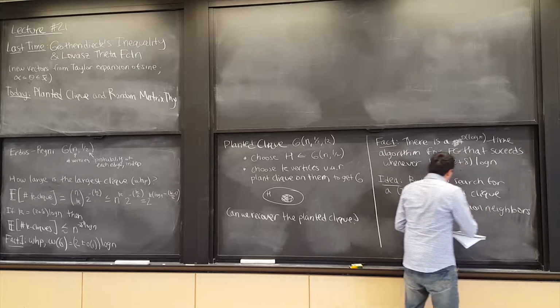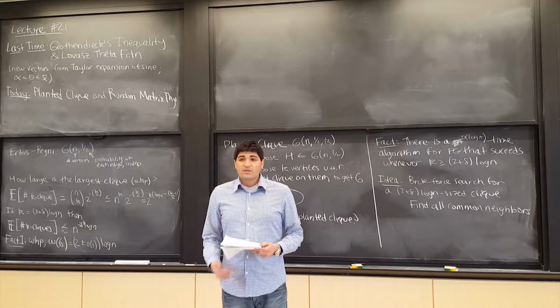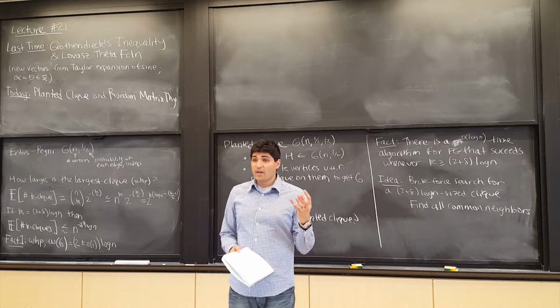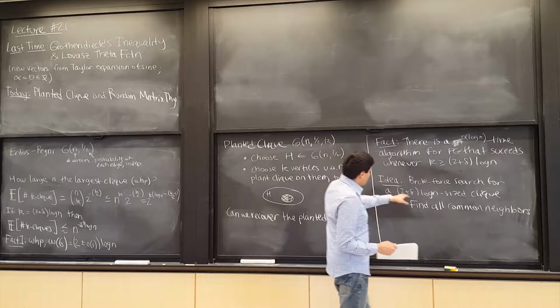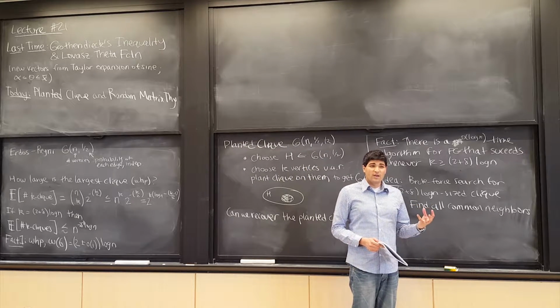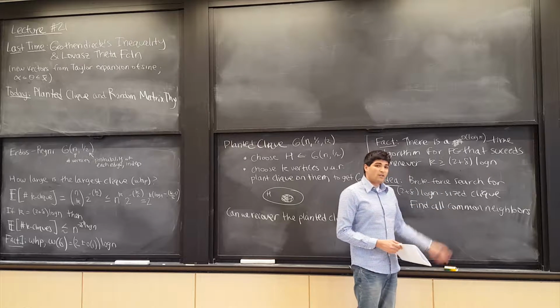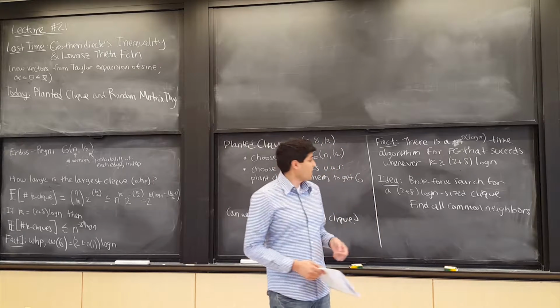So one way that you can think about this, just ignoring this 2 plus delta, what if this clique were like 4 log n? Once you're looking for a 4 log n clique and k is much larger than that, once you have those 4 log n nodes that belong to the clique, then the only nodes adjacent to all of them will be exactly the nodes that should be included in the size k clique to begin with.